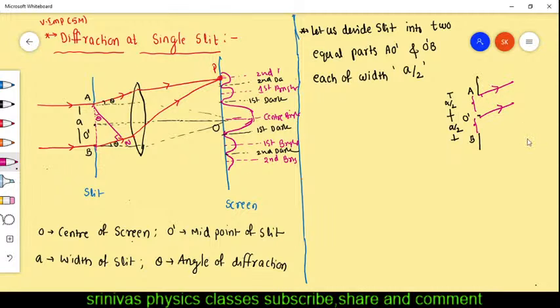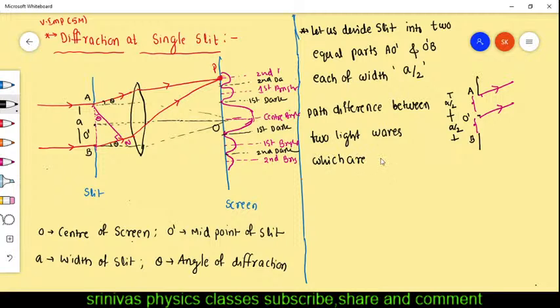What is the path difference between these two light waves which are reaching point P from the two parts of the slit?